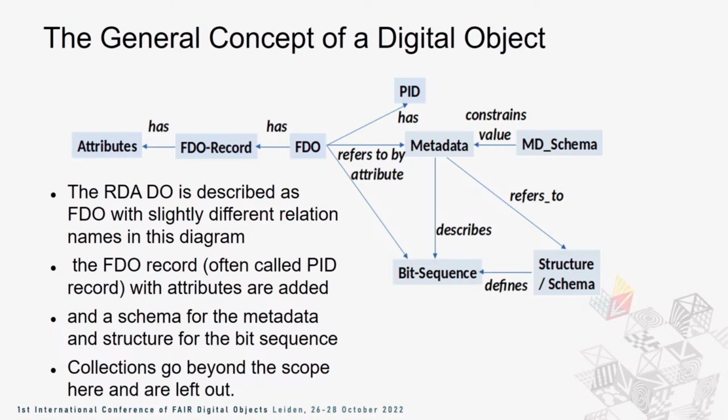And what we want to describe here is, first of all, these attributes are key value pairs. So an attribute has a key and has a value.